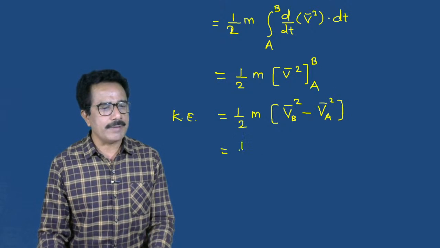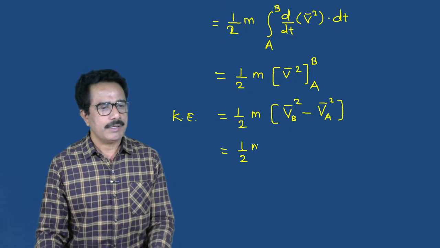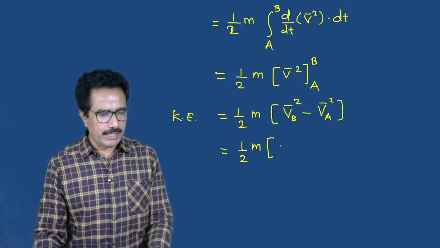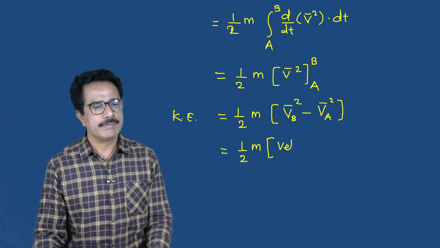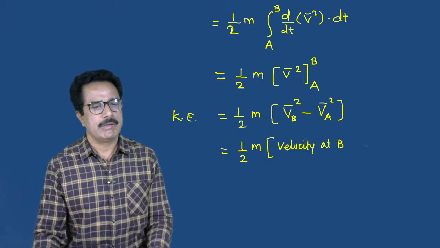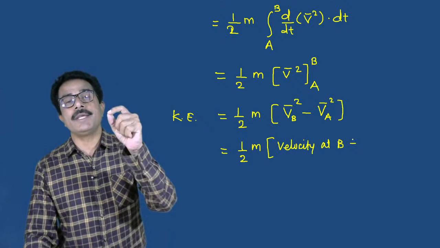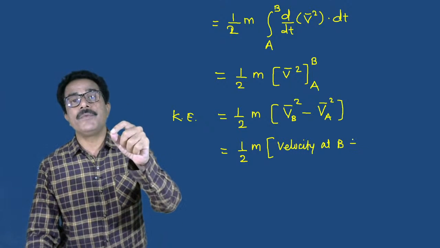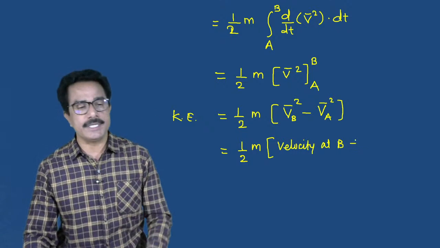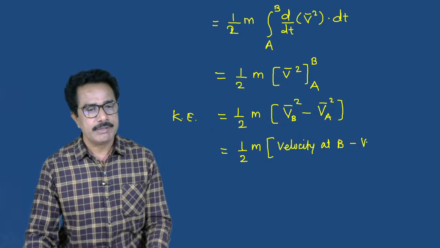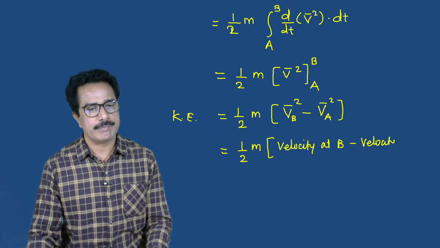That means 1 by 2 m into velocity at point B minus velocity at point A. Now you tell me, which quantity gives the velocity at point A? Velocity at A.